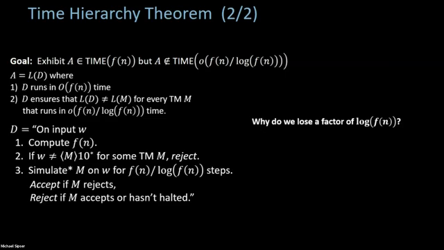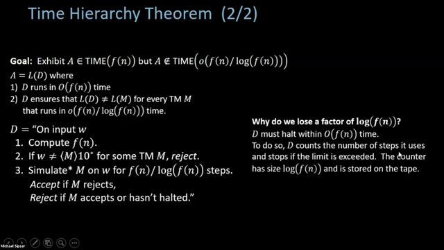But the tricky thing here is the counter, to make sure we're not using too much time. The counter has size log f of n, because that's how big it has to count up to, so you can shut it down if it's going to exceed f of n steps.